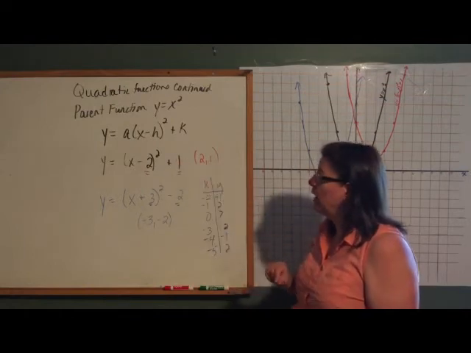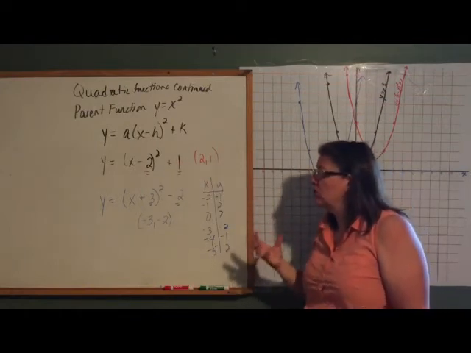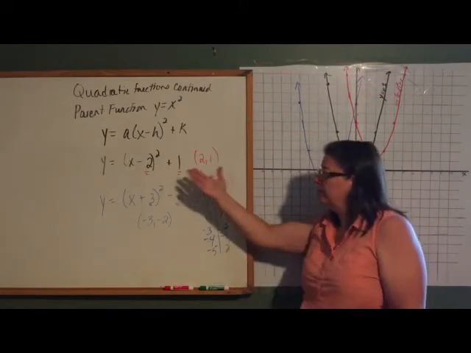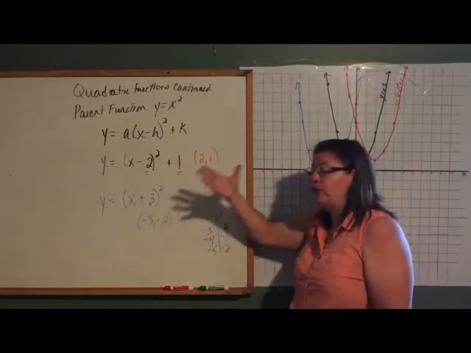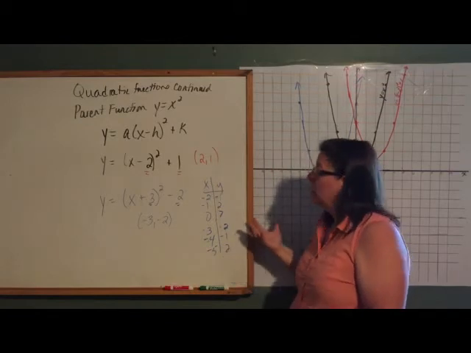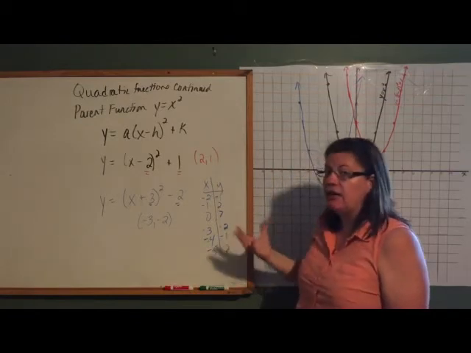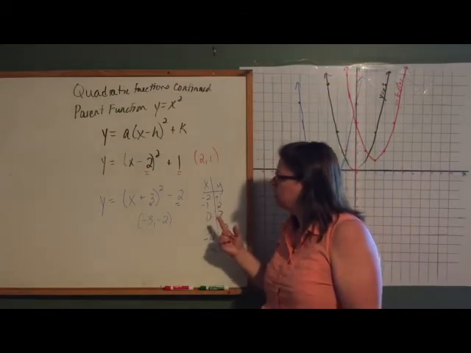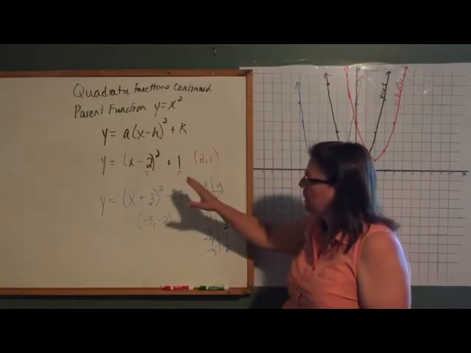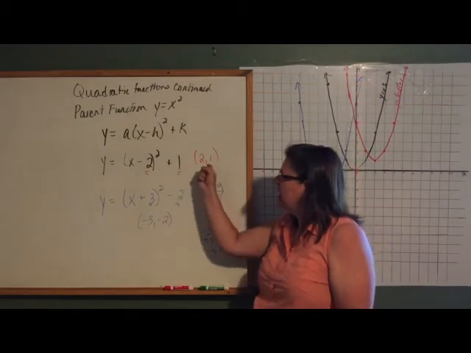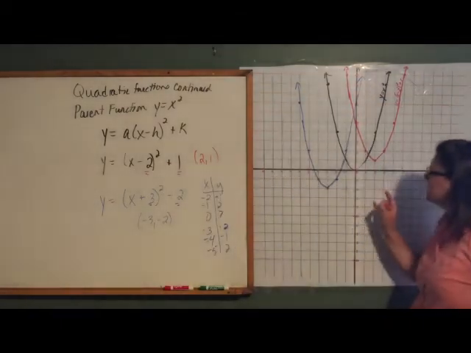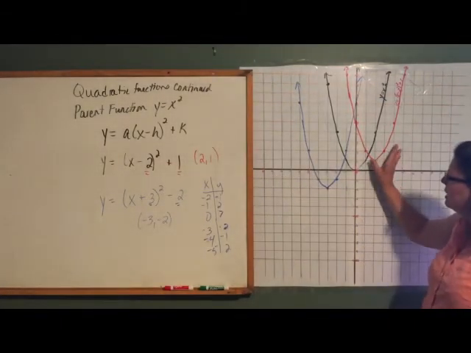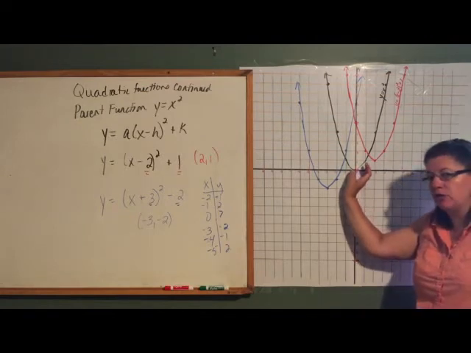And this is how we're going to use the graph, or the equation, to figure out our vertex very easily, okay? So, if you think about this, this is representing a slide. Let's look at the red function in comparison to the black function.